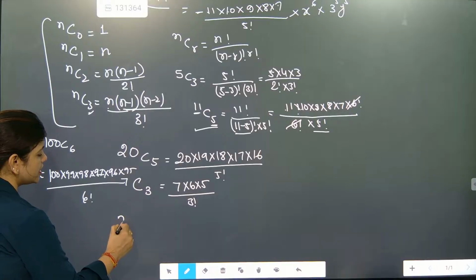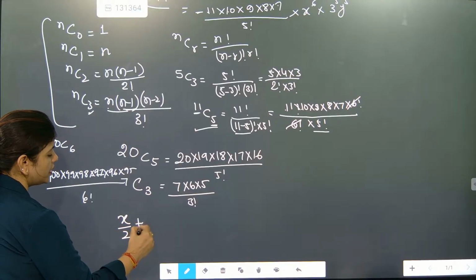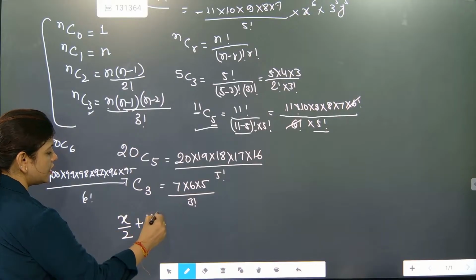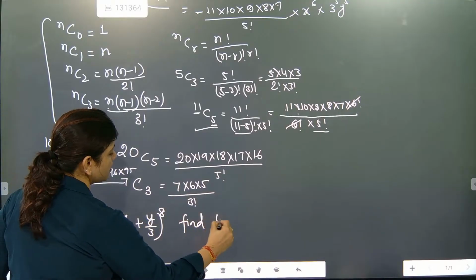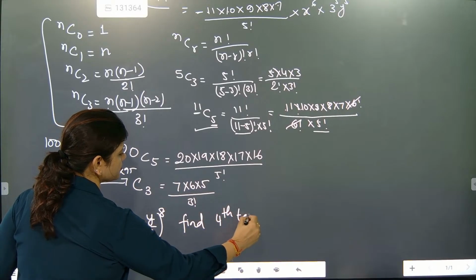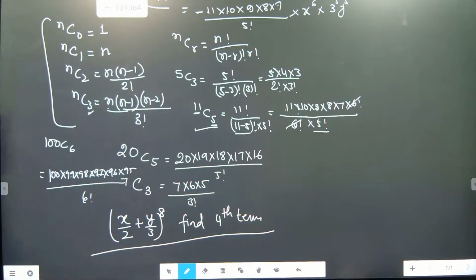Your question is (x by 2 plus y by 3) to the power 8. Find the fourth term.